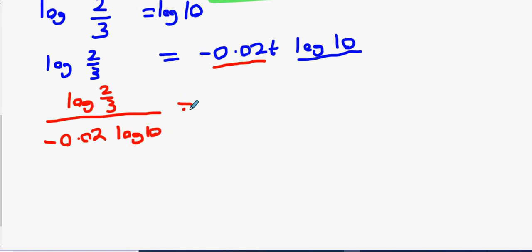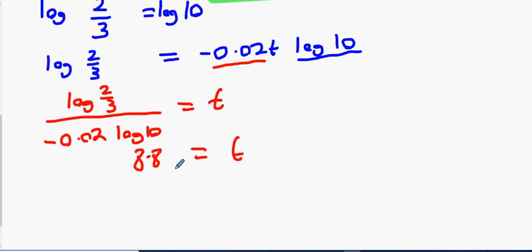The answer has to be positive because it's time. You lob all of that into the calculator. Actually, log 10 is 1, isn't it? So when you lob all that into the calculator, I'm hoping you get 8.8 minutes. Did anyone get 8.8?